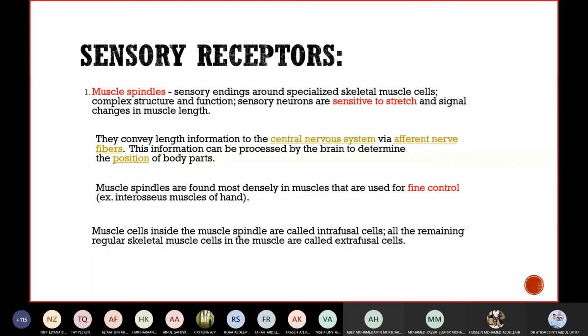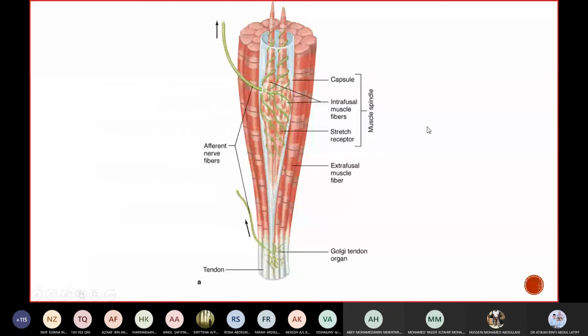So here, this is a muscle. Okay. So if you cut through the muscle, you will find a muscle spindle in between. Okay, usually it is dispersed inside the muscles. Okay, and you have these afferent nerve fibers supplying it. Afferent means sensory, okay, that give sensory input.